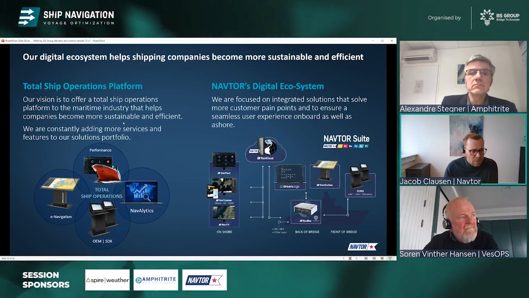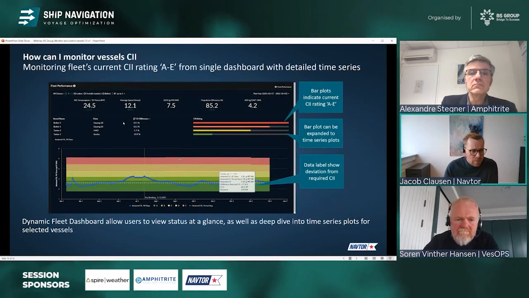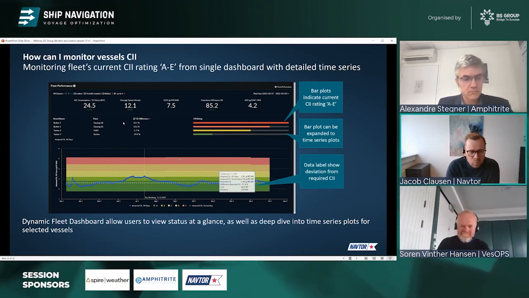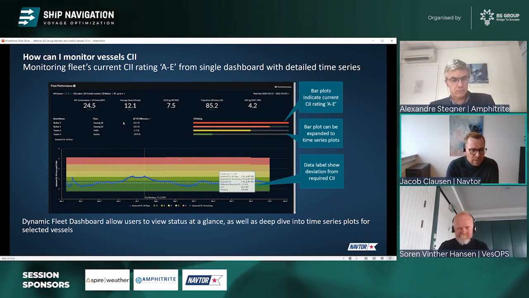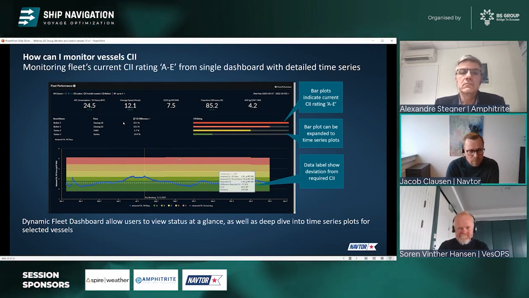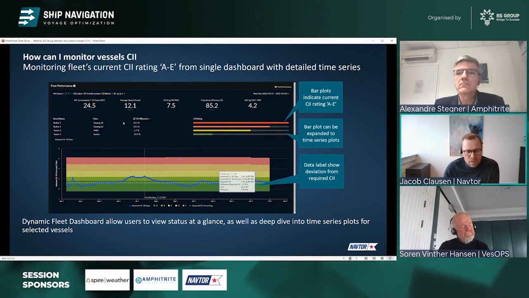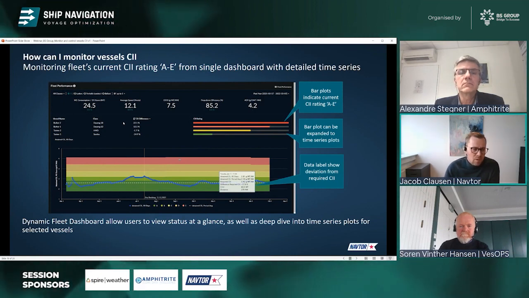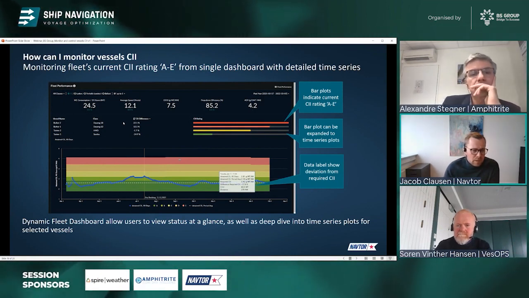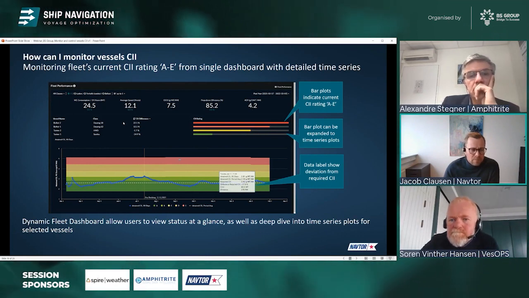And what we're doing in particular on the CII front is, of course, looking into how we can help monitor the vessel CII. We have various ways of displaying this, both on a fleet level, so you can quickly get an overview of which vessels are in different rating categories, as well as monitor where they are progressing towards. This can be provided in a time series view or in a collapsed view, where you get all your fleet on one single page and can deep dive into the different elements of it.